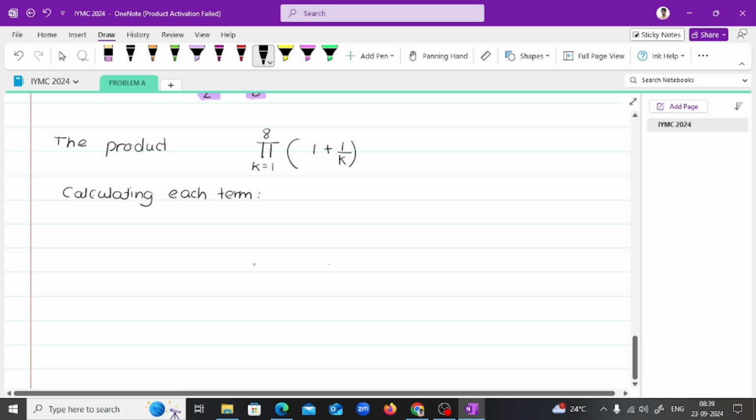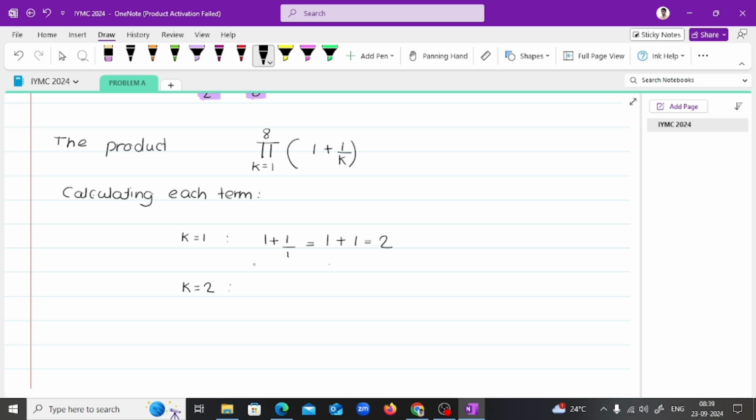So for k is equal to 1, the value will be 1 plus 1 upon 1, because we are just substituting k is equal to 1 in this bracket, 1 plus 1 upon k. So here 1 plus 1 is nothing but 2. So we will find the value for each value of k from 1 to 8.